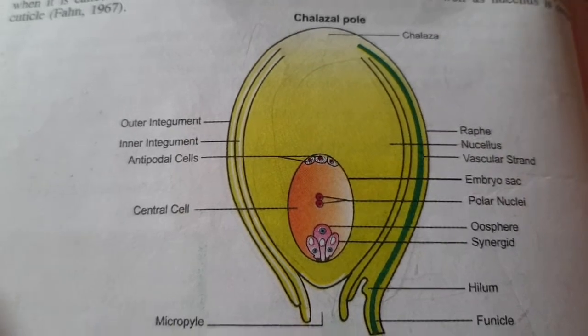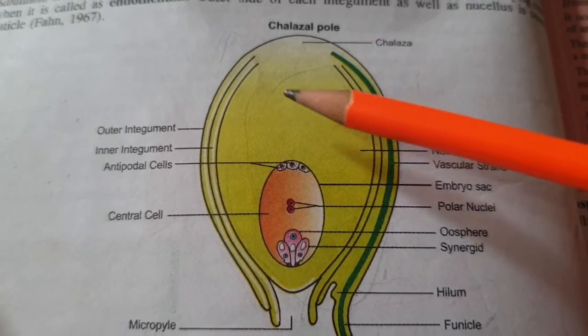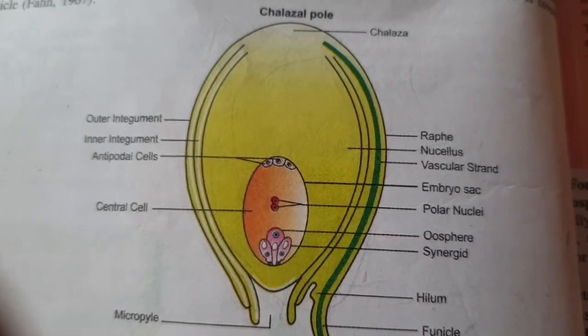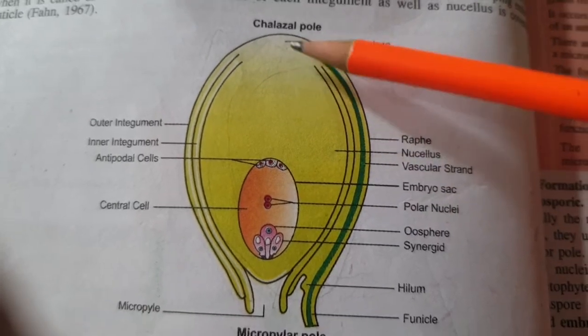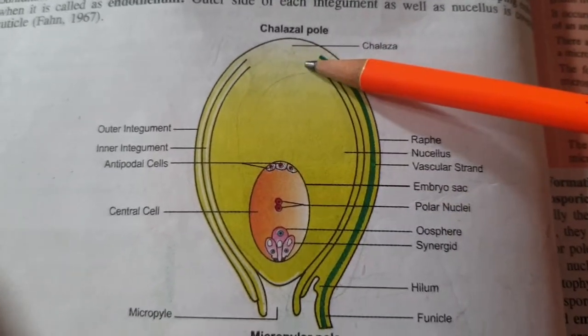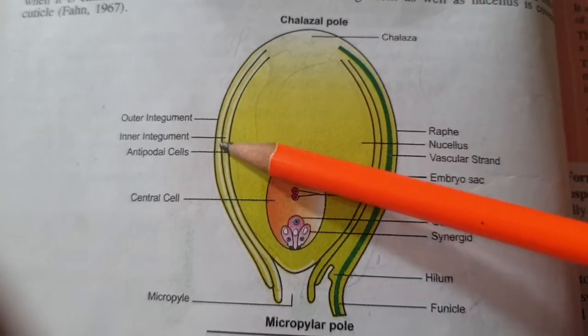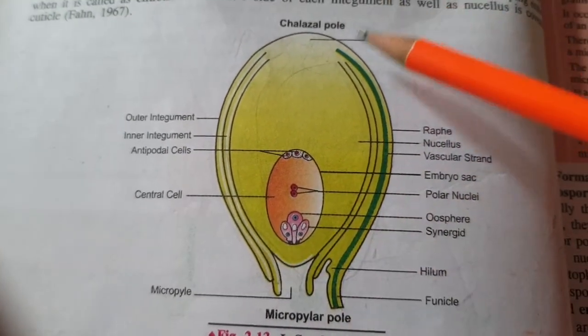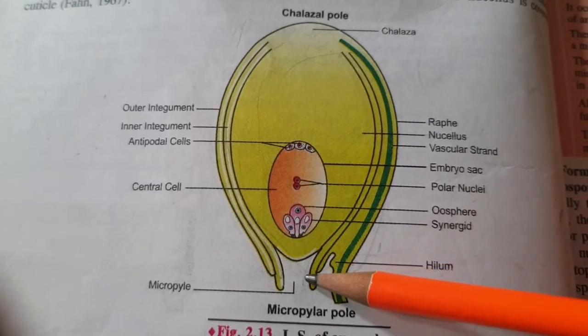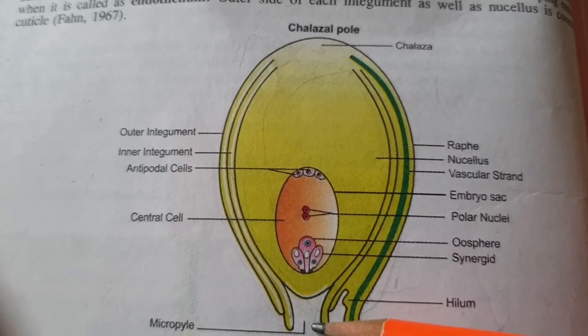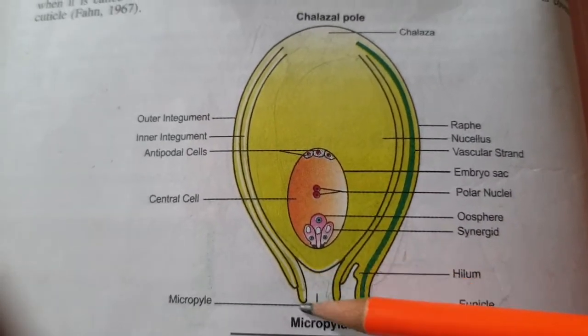Now the part of the ovule from which the integuments develop, that means the position from which the integuments arise, is known as the chalaza. From this chalaza the integuments run continuously, but they leave a pore of passage, this portion is left open.